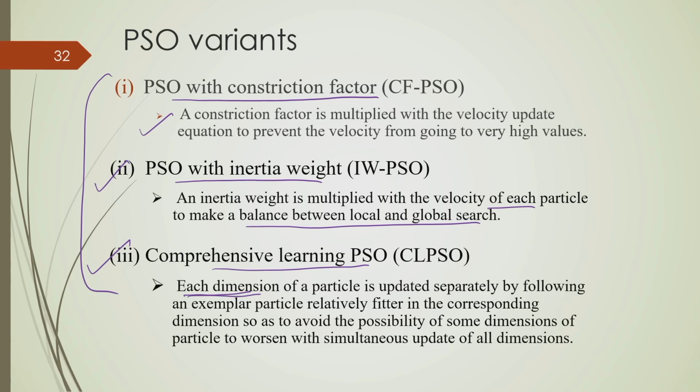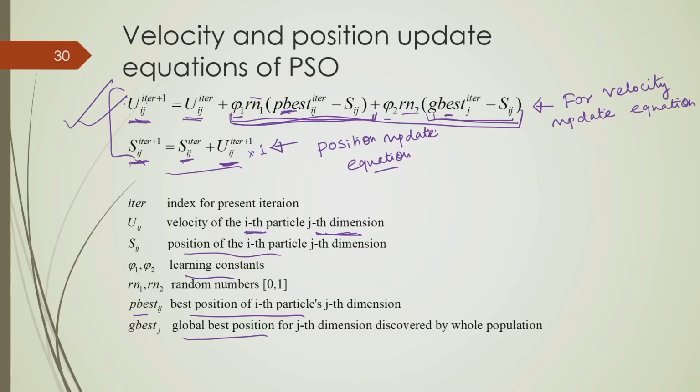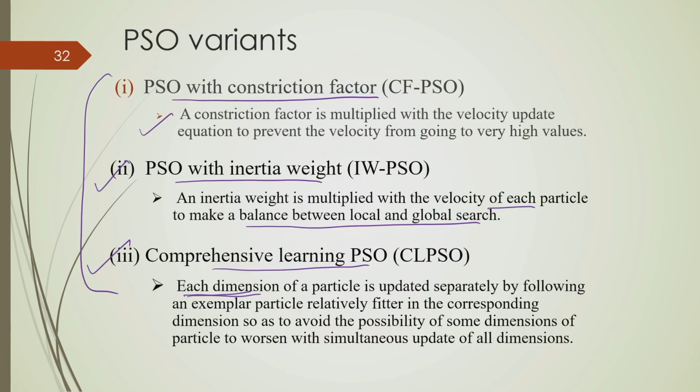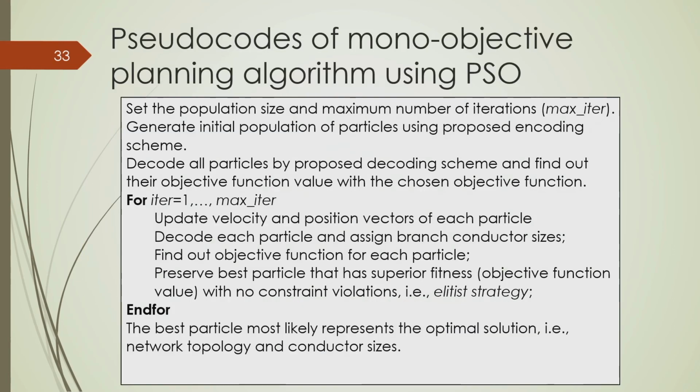This does not follow the general velocity update equation which I have shown on this slide, but uses a separate velocity update equation for different decision variables or different dimensions of the problem.